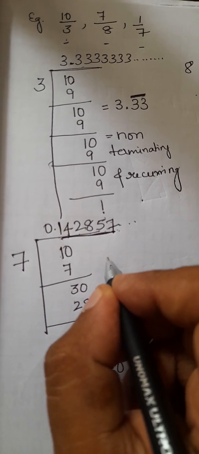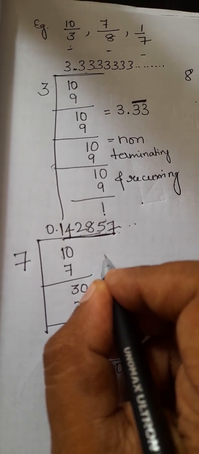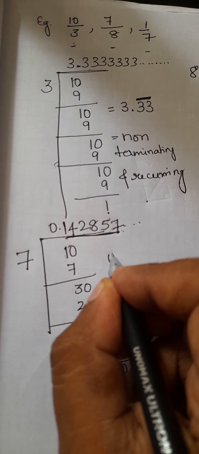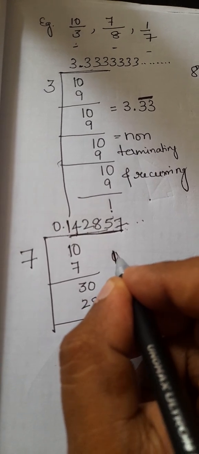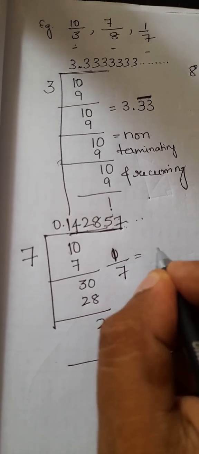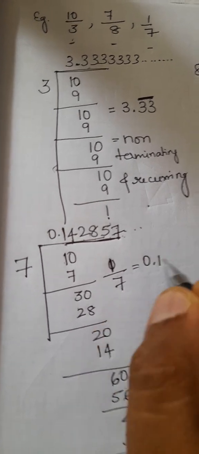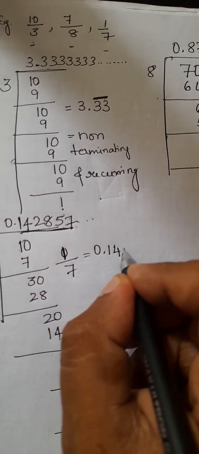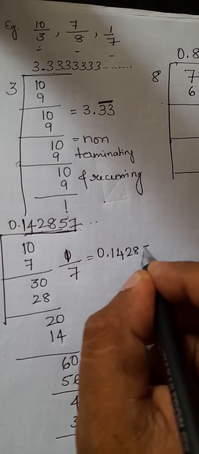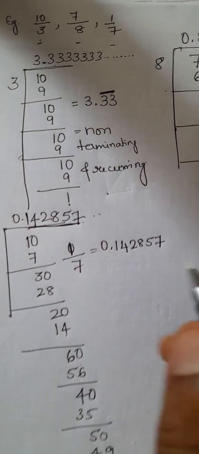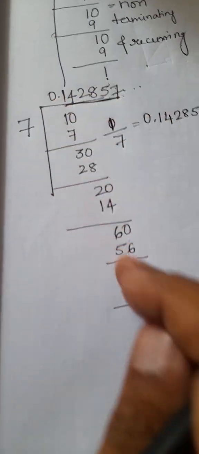That is, I will have 0. If I have 1 divided by 7, it is represented as 0.142857. And once it comes to again 1, that means its remainder is 1. So the whole thing will once again repeat.